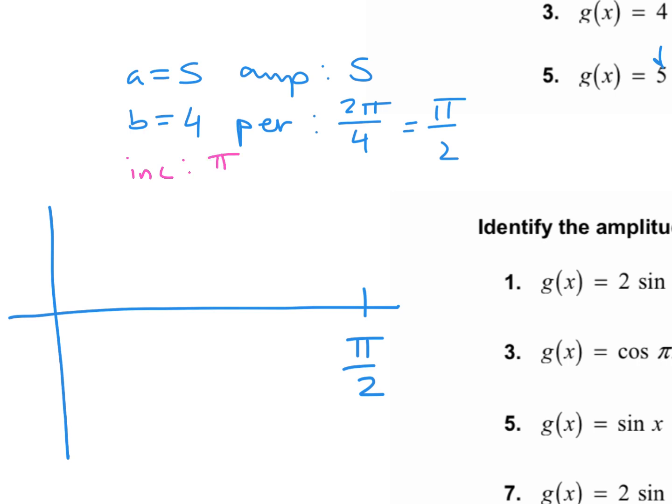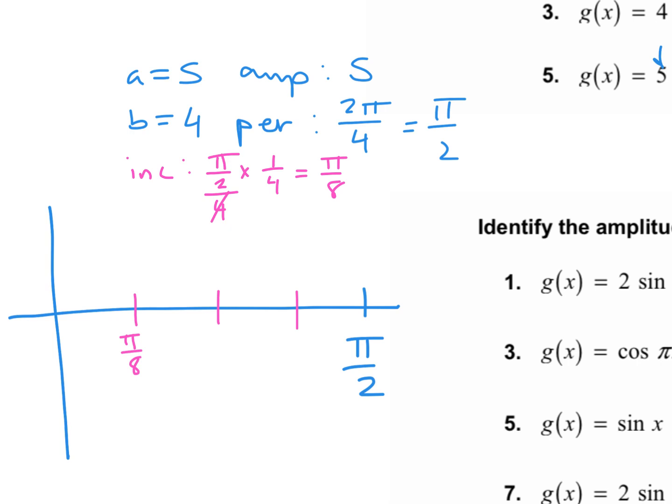Period divided by 4, because we're splitting this up into 4 equal parts. So pi over 2 divided by 4. What happens when we have a fraction in a fraction? Keep change, flip. Keep the top, change to multiplication, flip the bottom. So this is pi over 8. That's our first increment.